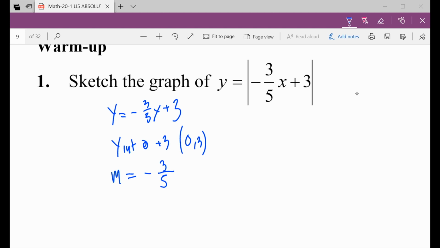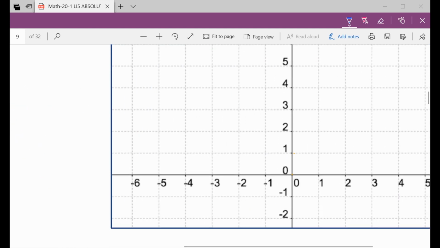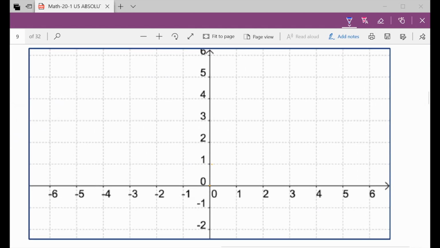Remember, we're going to start by graphing this line here, and then we'll figure out what the absolute value of that line is going to look like, what the graph of the absolute value. So here is the graph, and if you recall, we had a y-intercept of plus 3. So there we are.